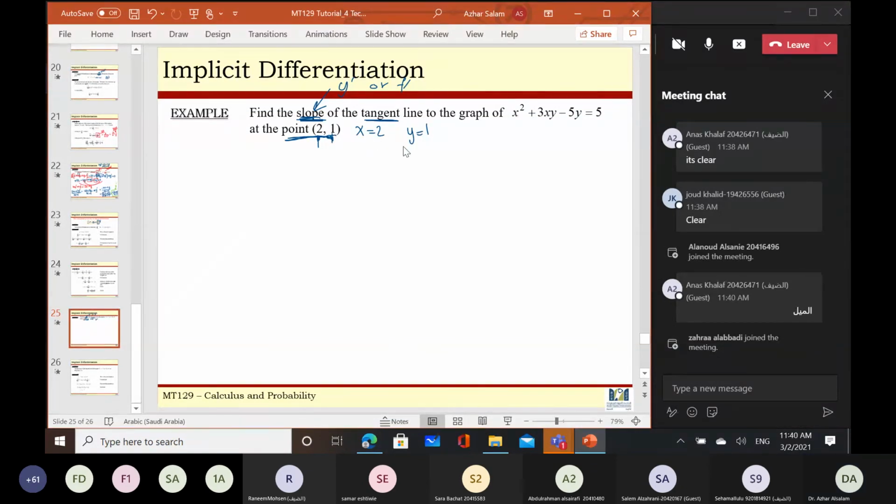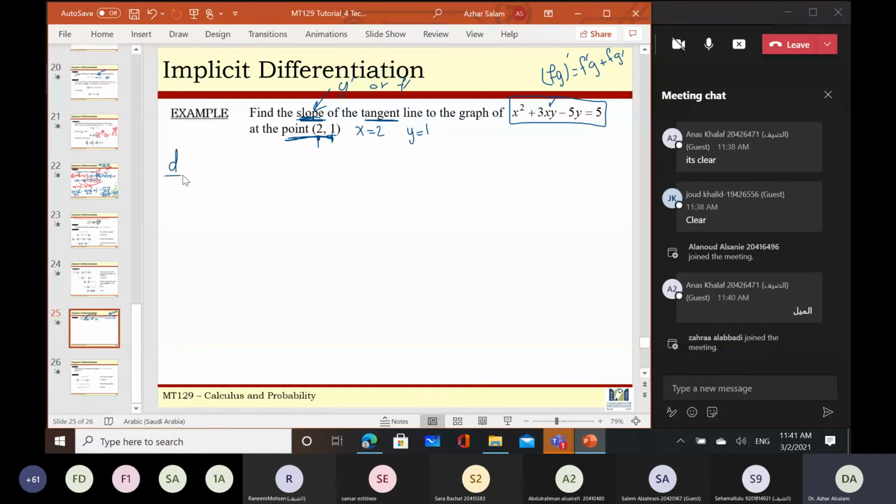So first I will differentiate this equation the same way, similar to the previous example, since I have x multiplied by y here. So in this term I have to use the product rule, which is the derivative of the first multiplied by g plus f multiplied by g dash.